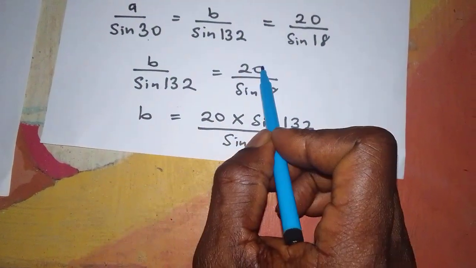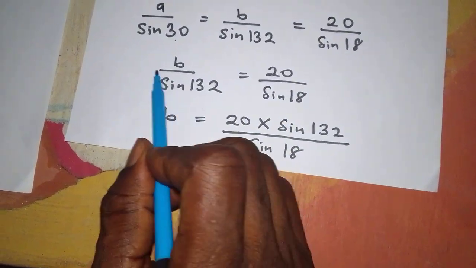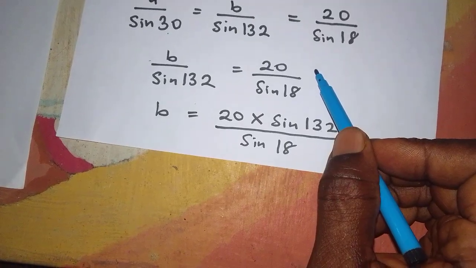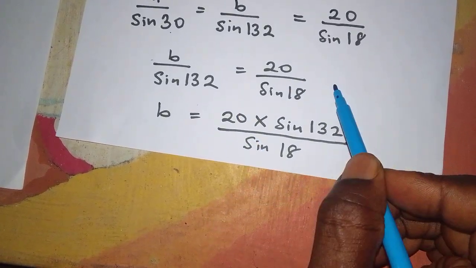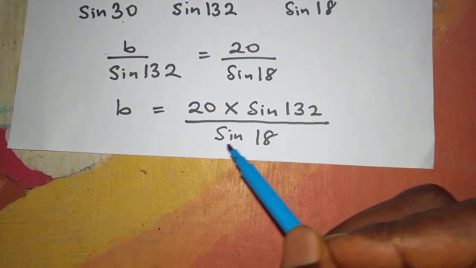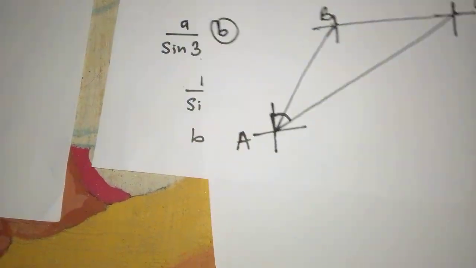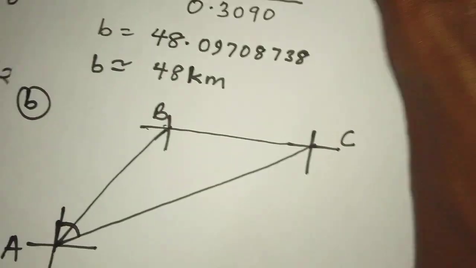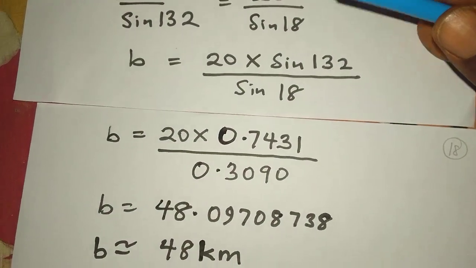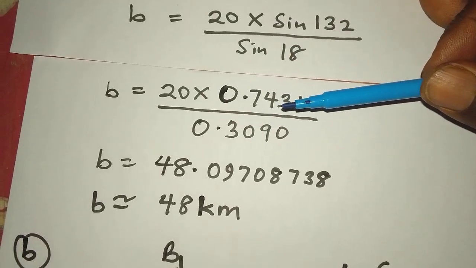So when you cross multiply, you are having B times sine 18 is equal to 20 times sine 132. So when you divide both sides by sine 18, it's going to give you 20 times sine 132 over sine 18. So the value for sine 132 will give you 0.7431 over sine 18 will give you 0.3090.